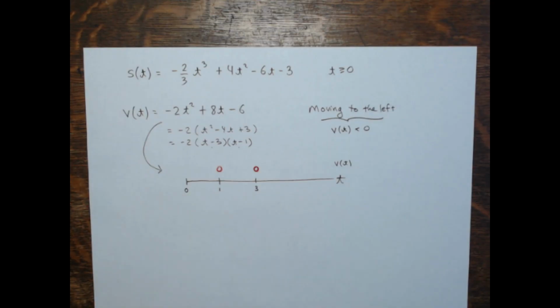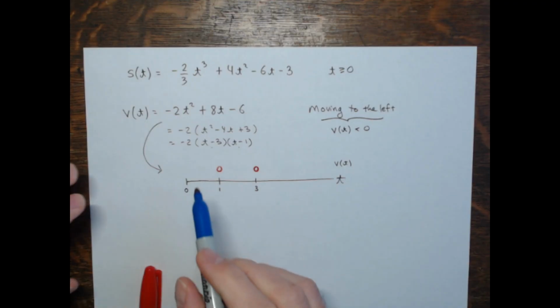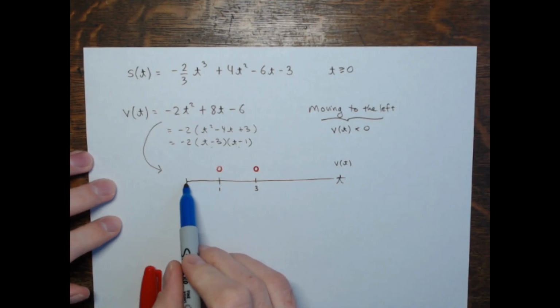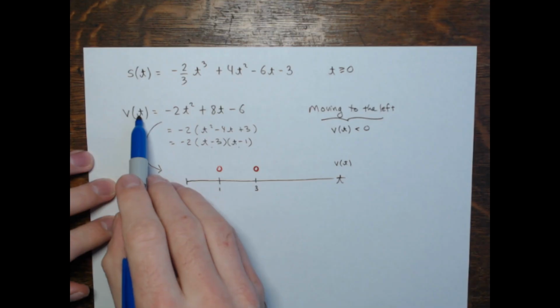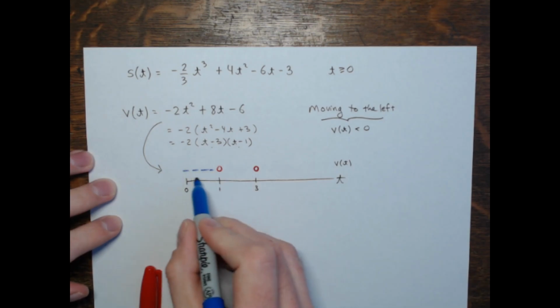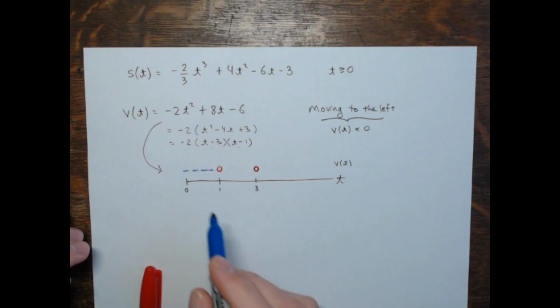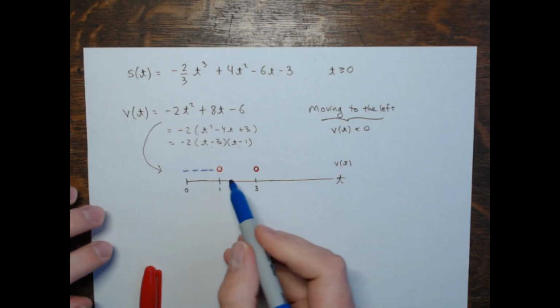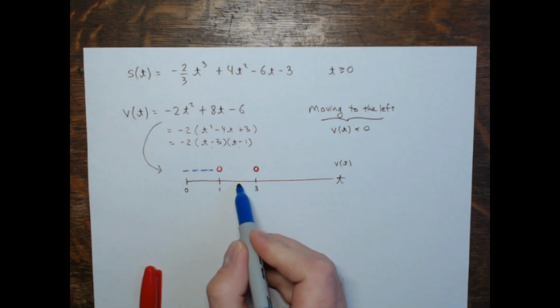So at every other time, because this is a polynomial, it's either going to be positive or negative. It's never undefined. So to the left of 1 here, when the time is 0, the velocity is negative. So I have negative velocity for the first second. And then from 1 to 3 seconds, plug in 2 or something.